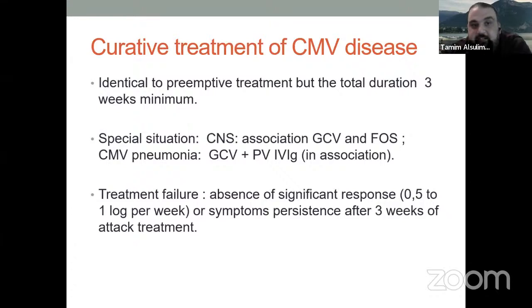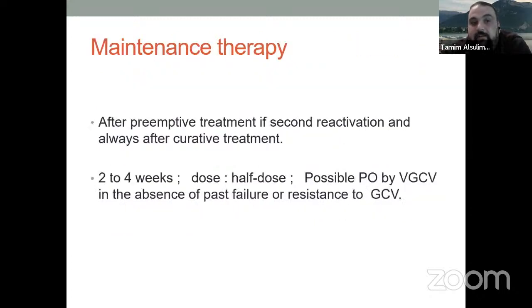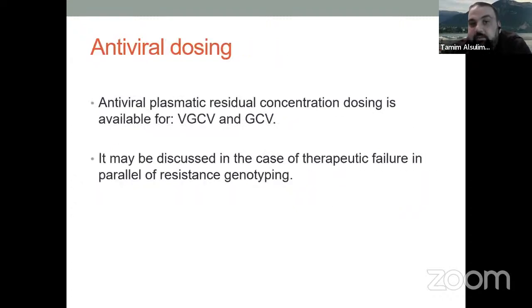The curative treatment is identical to preemptive treatment, but with a total duration of 3 weeks minimum, with also maintenance therapy that must follow the preemptive treatment if second reactivation, and always after the curative treatment, for 2 to 4 weeks with a half dose of the treatment used in the first line or the preceding line.